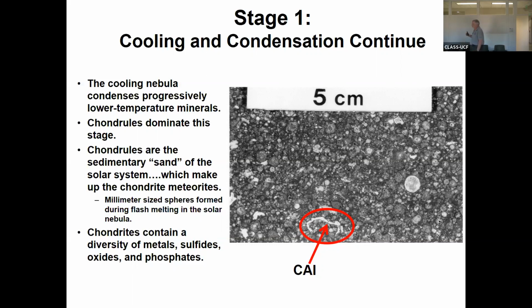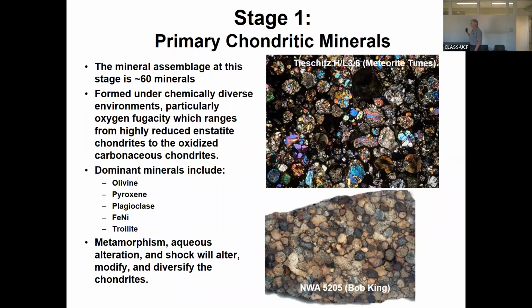Chondrules basically contain the diversity of the solar system, and you get a diversity of minerals: sulfides, oxides, phosphates, lots of things. So at this stage, the mineral assemblage is about 60 minerals.